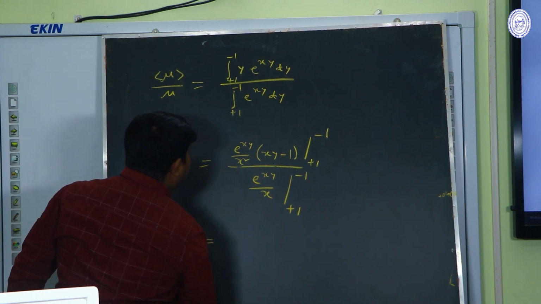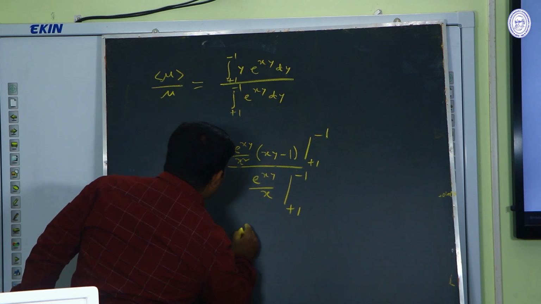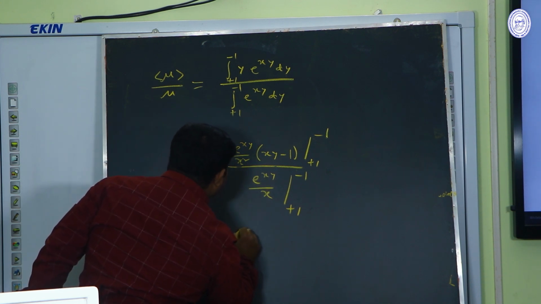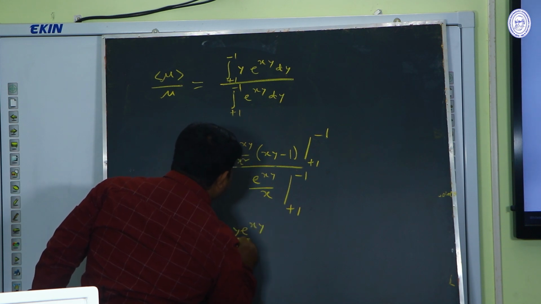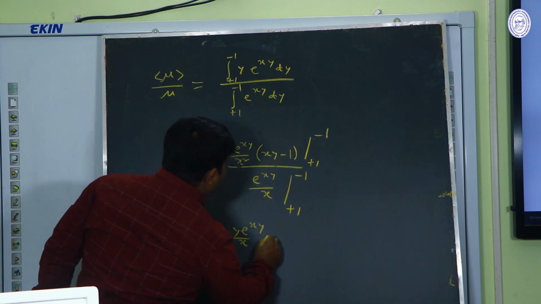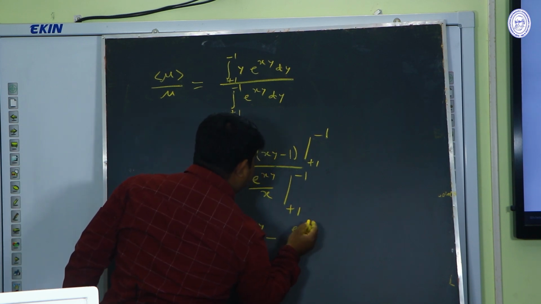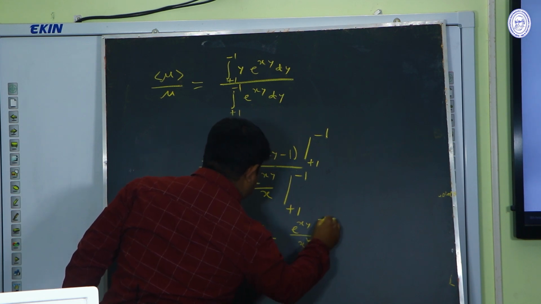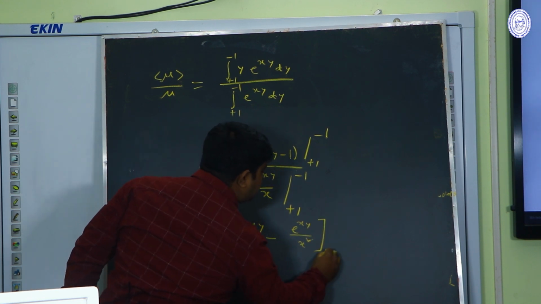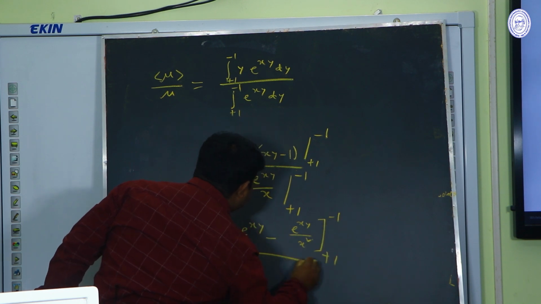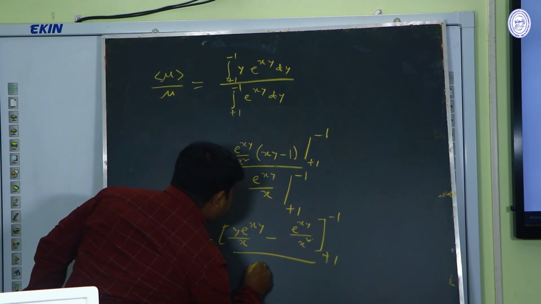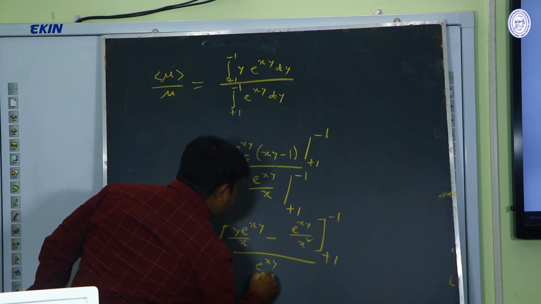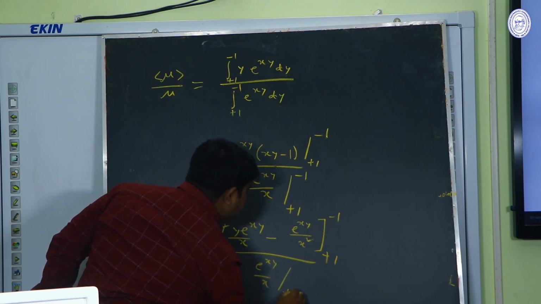So after simplification, this is equal to y e to the power xy by x minus e to the power xy by x square, with limit plus 1 to minus 1, and e to the power xy by x with limit plus 1 to minus 1.